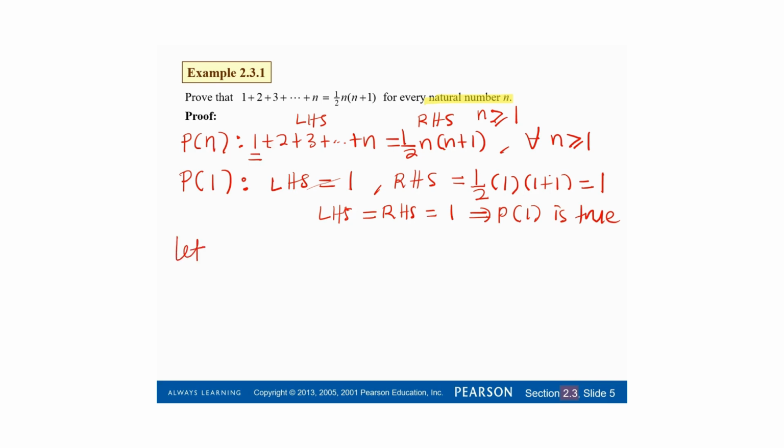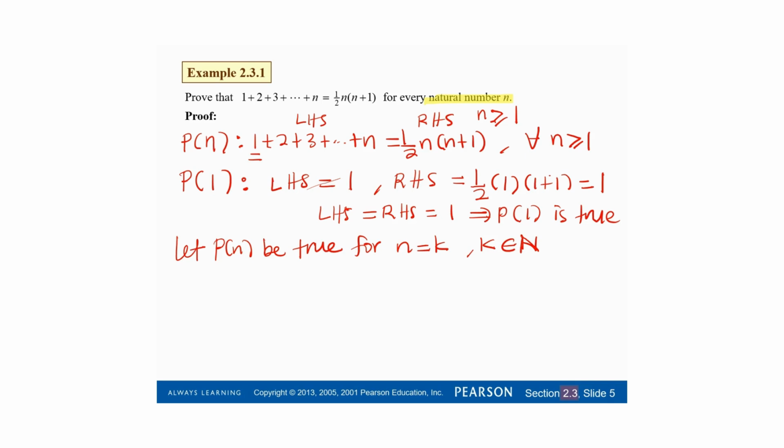Let Pn be true for n equals k. For any case of n equals k, we need to remember that n or k here refers to natural numbers. If k refers to the second, then the next will be number 3, and so on and so forth.